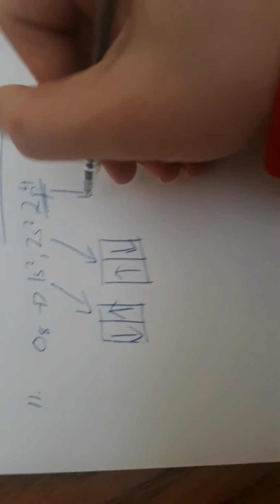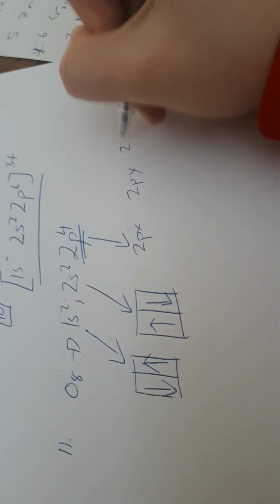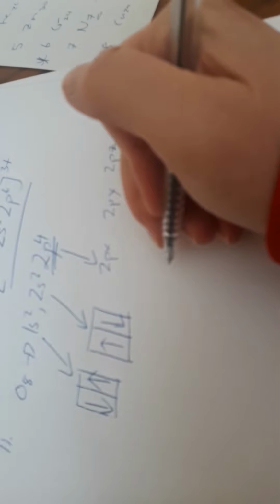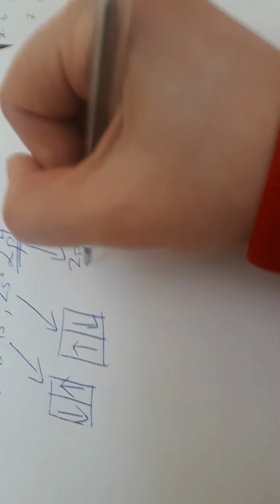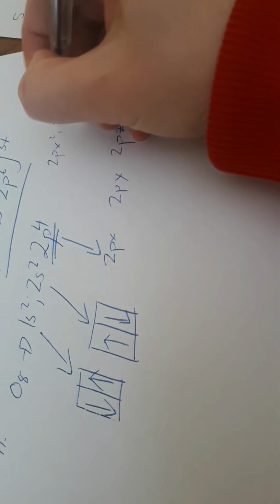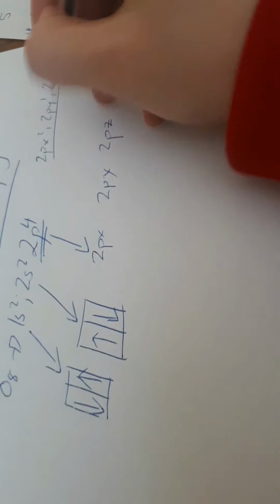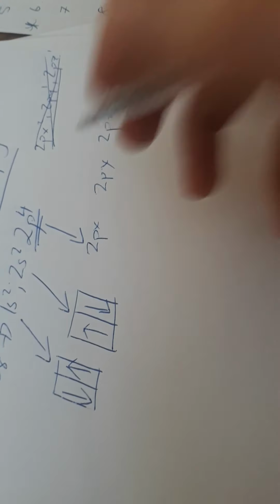Now, when you are drawing this, you have to label 2px, 2py, and 2pz. Okay, Mia, you didn't do that. You need to do that. And then Quiva, Amy, you have to show it. So I know you went into here and then you did go 2px2, 2py1, 2pz1, but that isn't showing, so you will more than likely not get your marks for that.